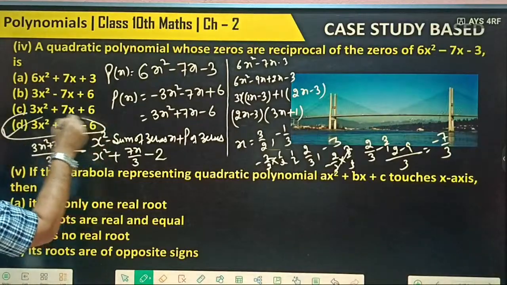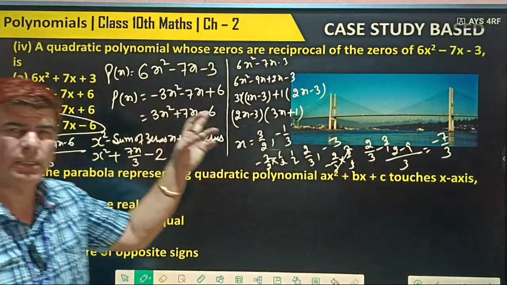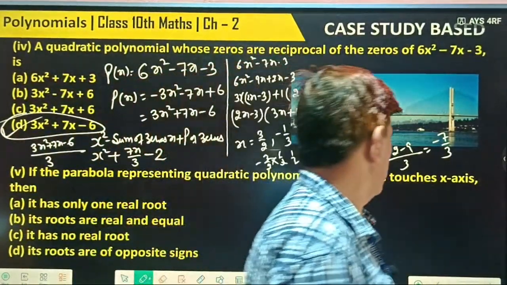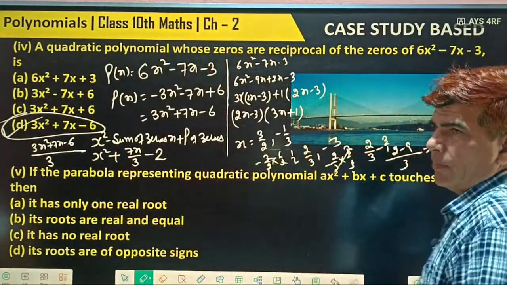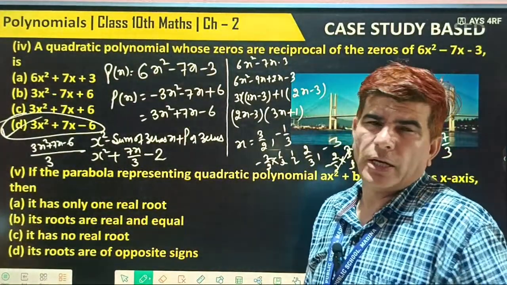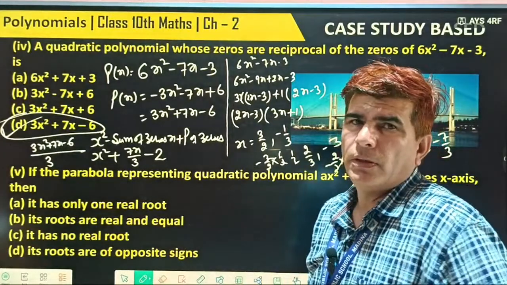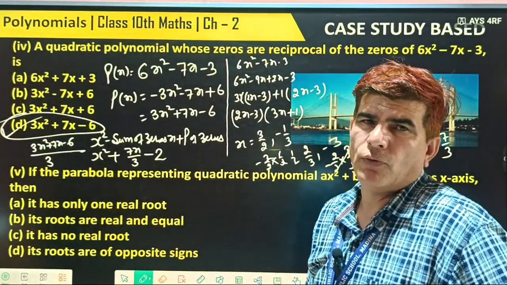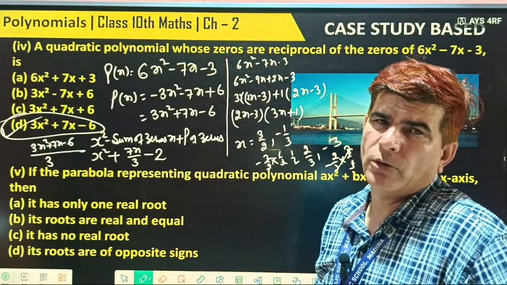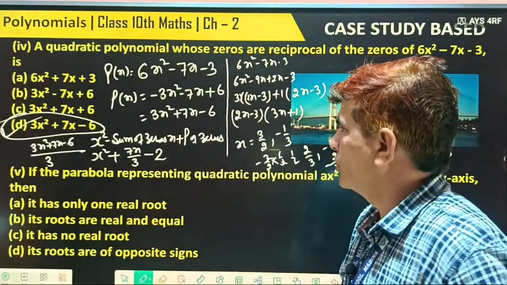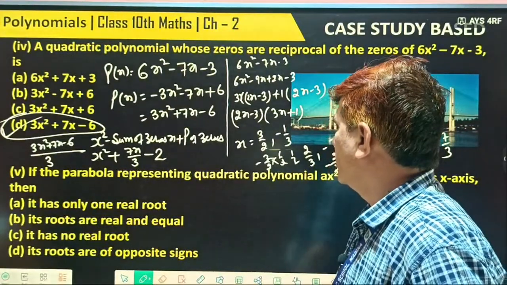So that I already taught; by the simple method you can show it directly: the constant term becomes the coefficient of x square, the coefficient of x remains the same, and the coefficient of x square becomes the constant term, in the reciprocal of each other.